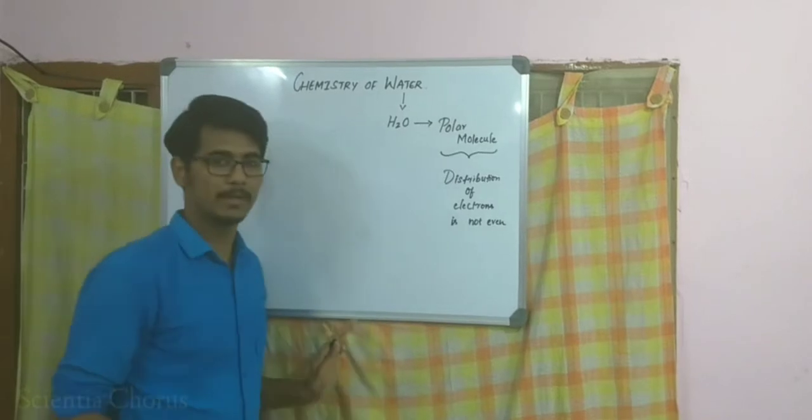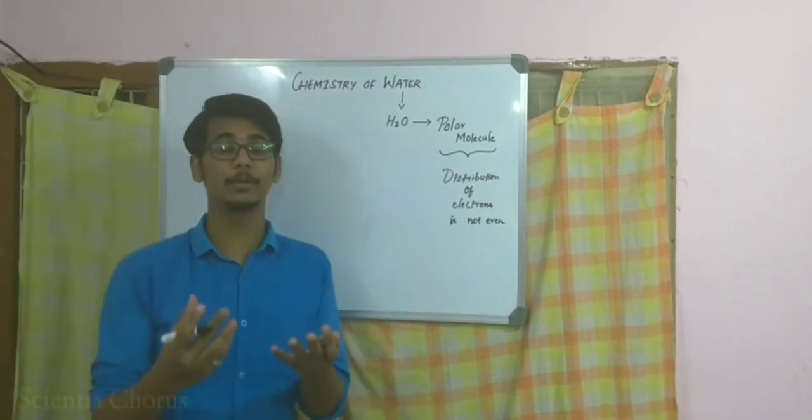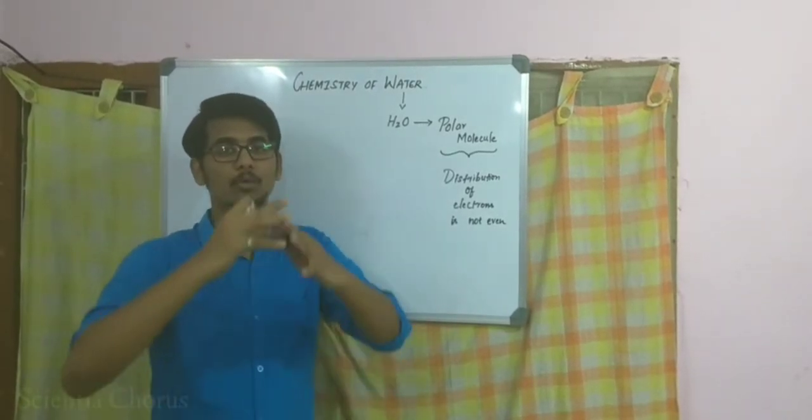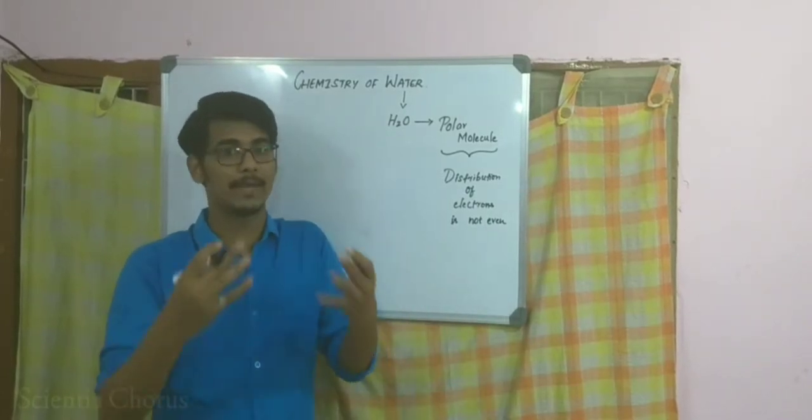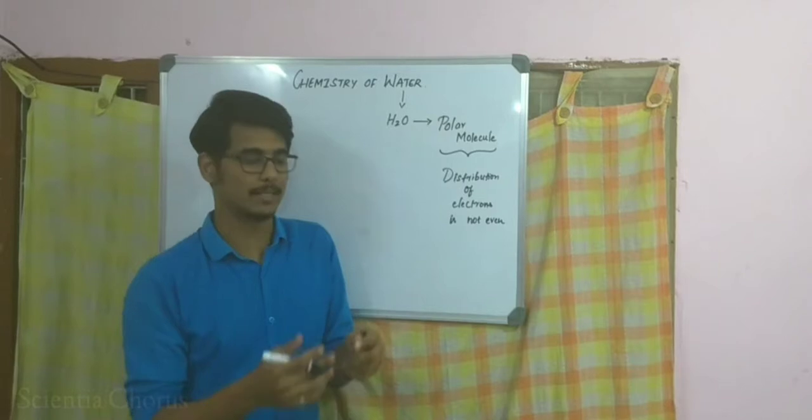To understand this polar molecule, we need to know what a covalent bond is and how this bond has been formed between oxygen and hydrogen. If we understand all those things, this becomes very easy.